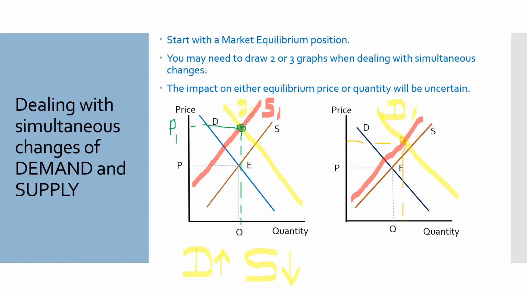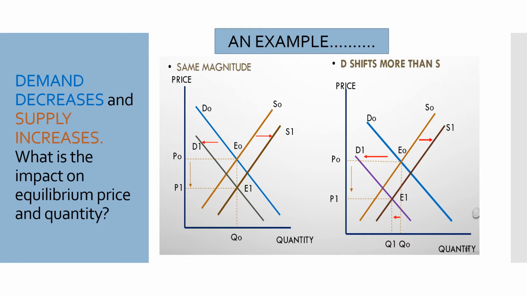So there's one more that we're going to have a look at, ladies and gents. Let's take a look. We have on this graph, I've already done this example for you. Here we've done demand decreases while supply increases. And I've done one where the magnitude is the same. In other words, I've shifted my demand curve and my supply curve by the same amounts.